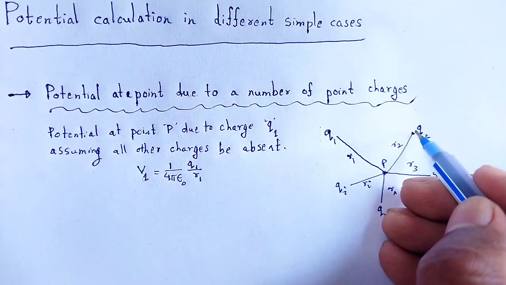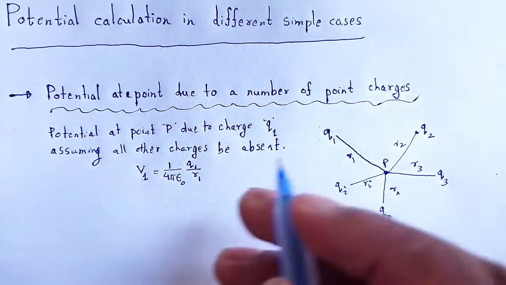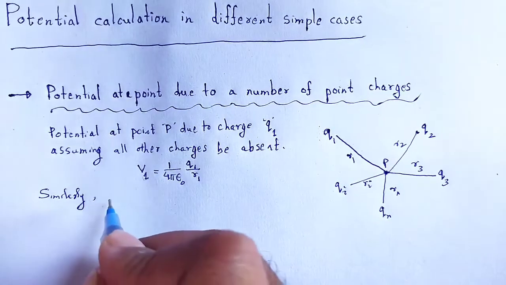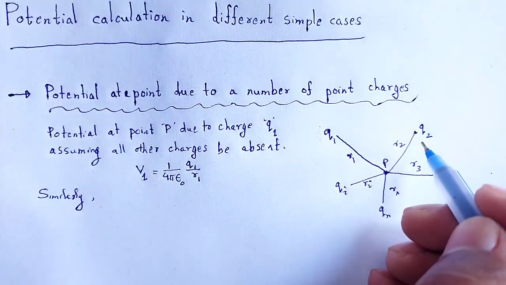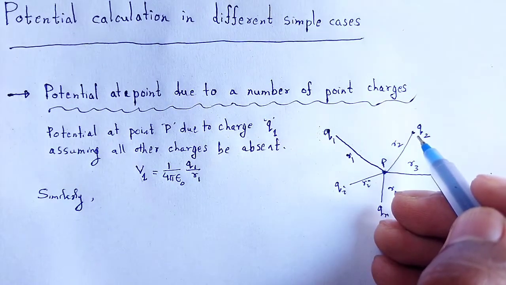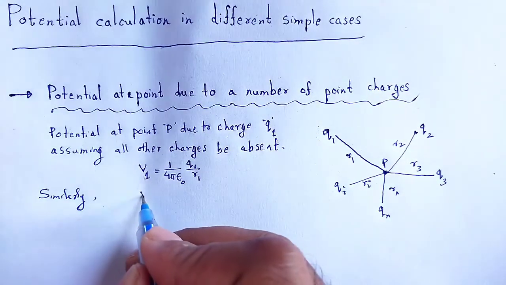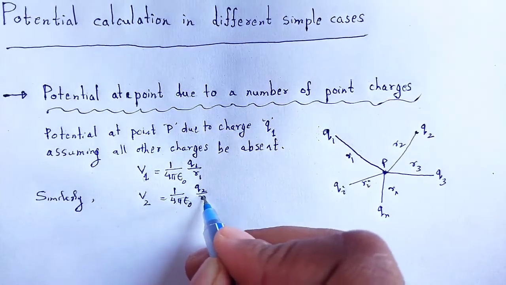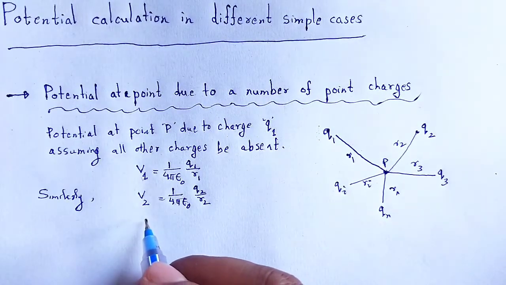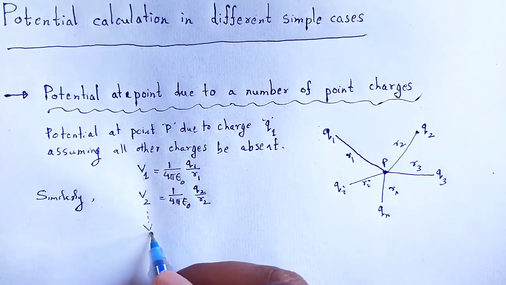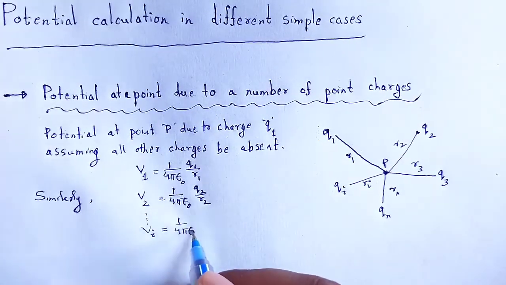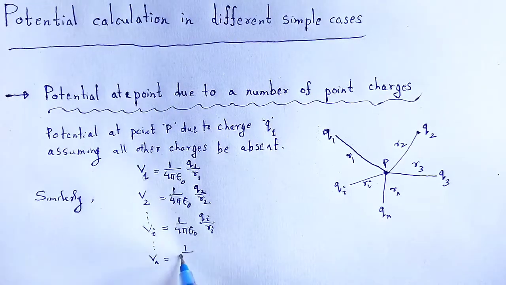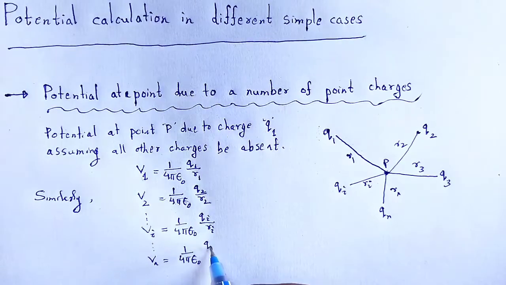Similarly, the potential at point P due to the charge Q2 is written as V2, 1 by 4 pi epsilon naught Q2 by r2, up to Vi, 1 by 4 pi epsilon naught Qi by ri, up to Vn, 1 by 4 pi epsilon naught Qn by rn.